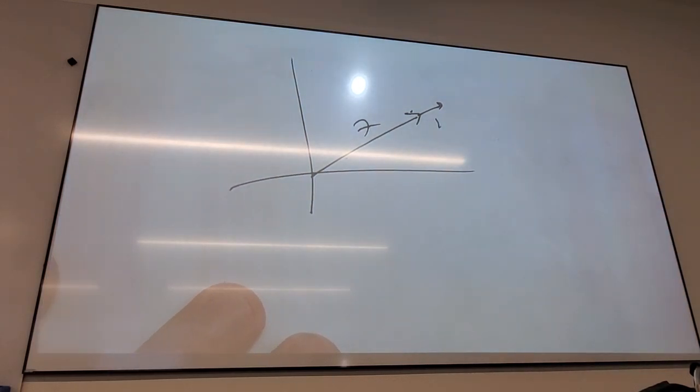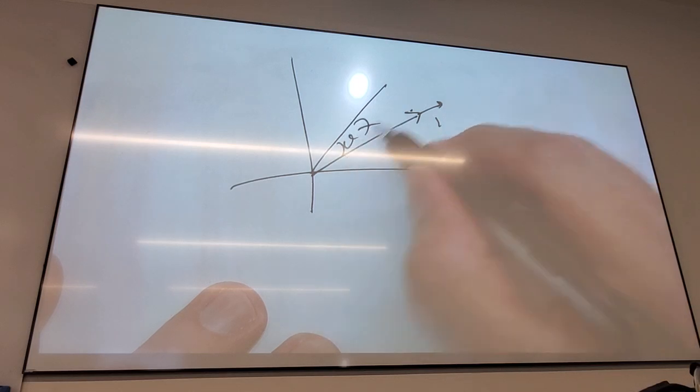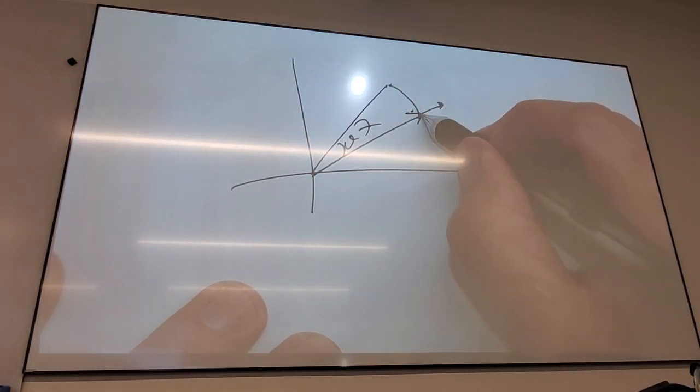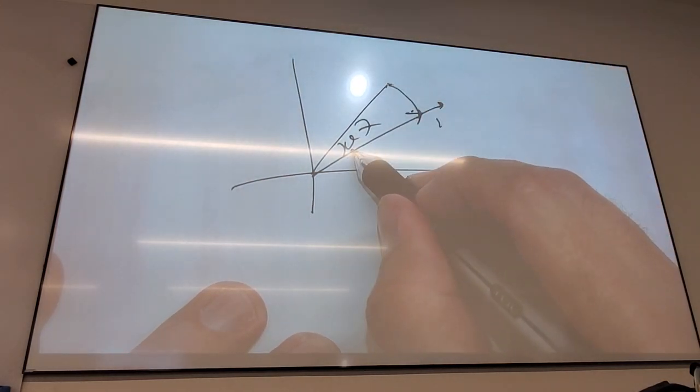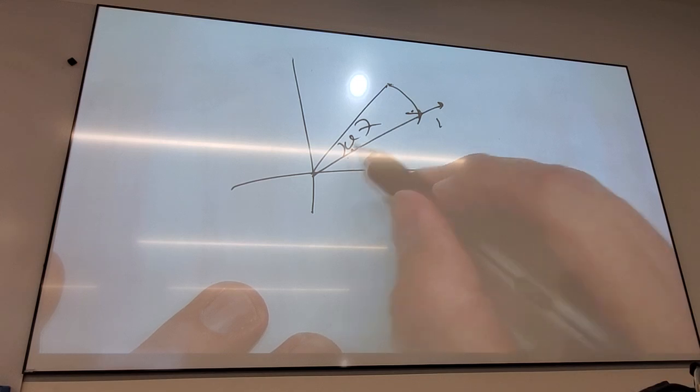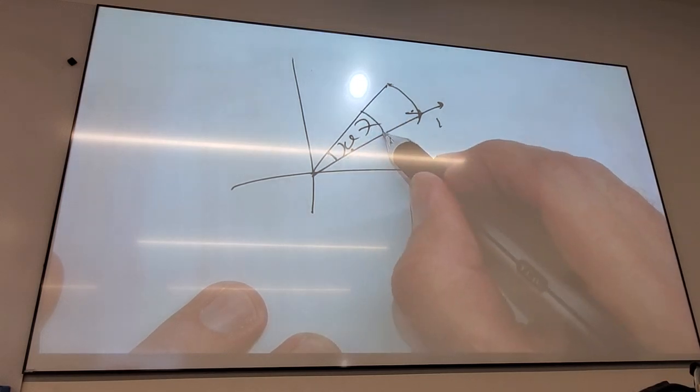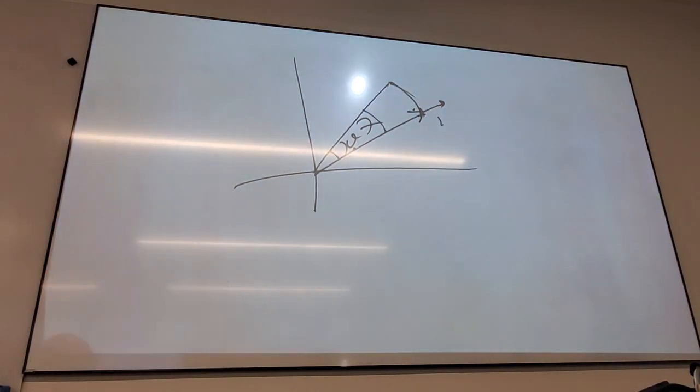If I rotate by a certain angle, this length is not equal to that, because that would mean this length is the same as this length is the same as this length. Yes, because they all have the same angle, don't they? So if I want to know area, I've got to multiply length by length, not length by how much you turned. Are you with me?